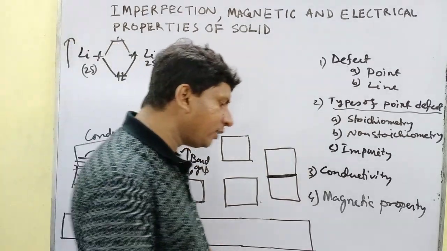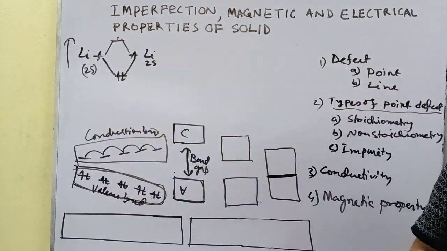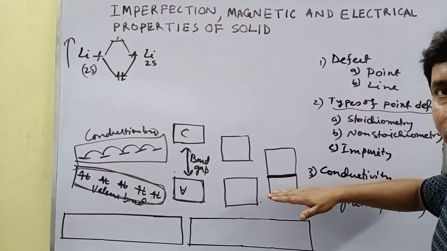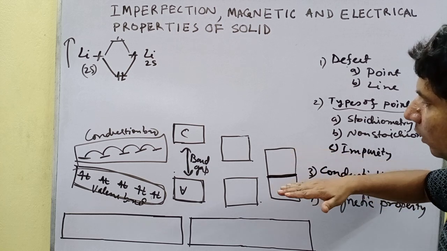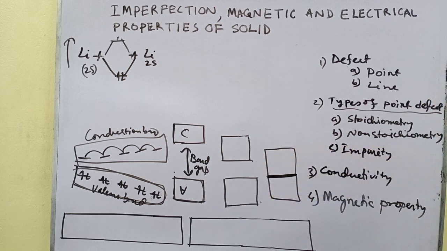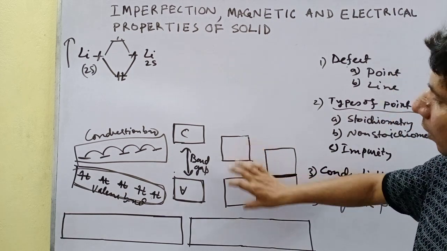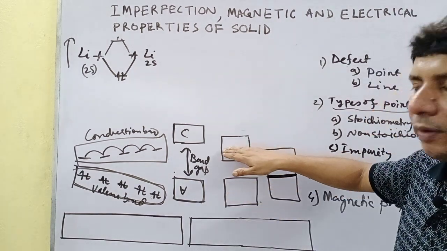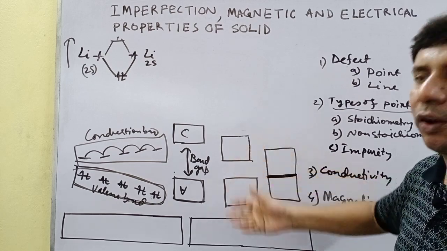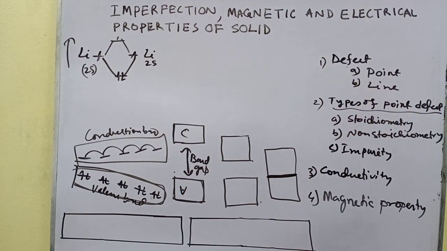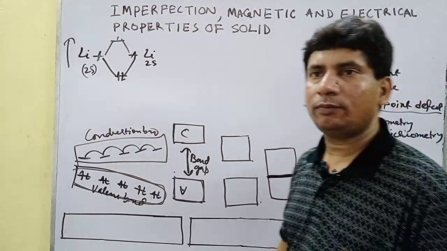So what is the difference between conductor and semiconductor? In a conductor, the energy gap or band gap between valence band and conduction band is very low, and if the energy gap between valence band and conduction band is medium, that means semiconductor. When the band gap is high, that is an insulator.